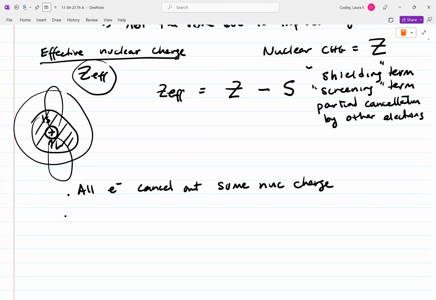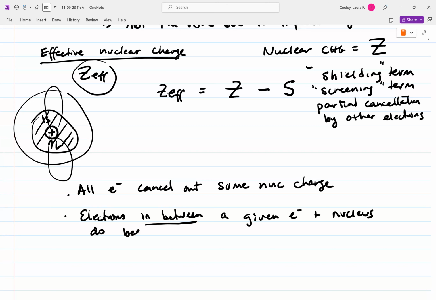Because those electrons are in between, so that nuclear charge is not all getting through. It's getting partially canceled by the in-between electrons. So electrons in between a given electron and the nucleus do the best screening job, and that means they will have a higher S value. This is the thing that's subtracted.